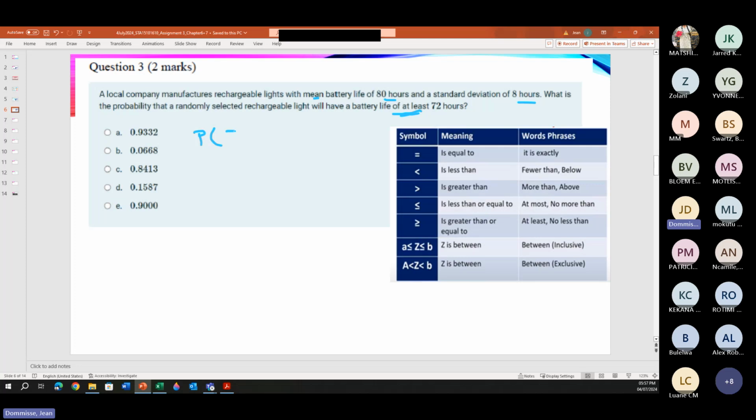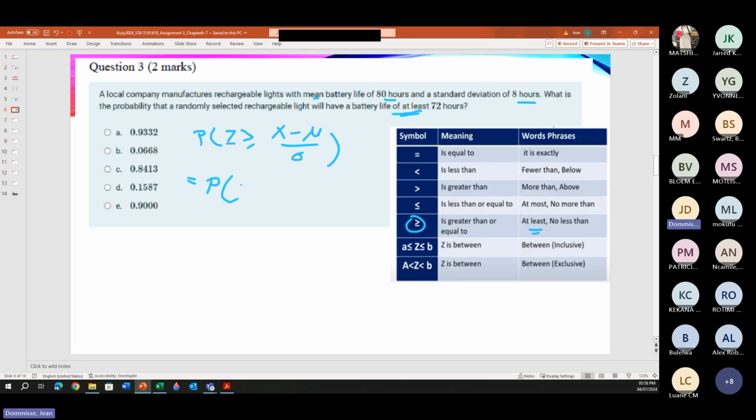Okay, so let's see. We need to work out the probability Z of at least, okay. At least bigger or equal to Z, which is X minus the mean divided by standard deviation.